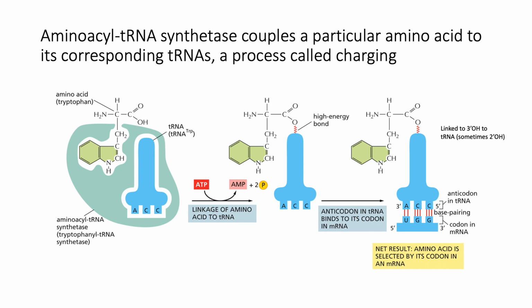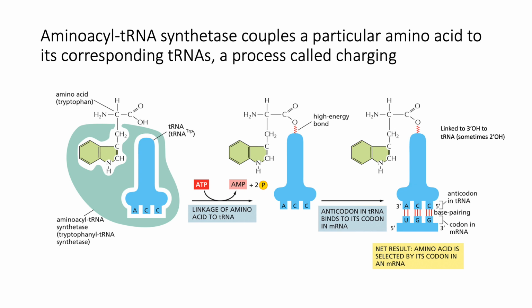Now, this is actually a remarkable enzyme because it has to choose the correct amino acid and the correct transfer RNA. And the thought is that it completely engulfs the transfer RNA, and it's recognizing, maybe even contacting the anticodon, which then permits it to bring in the correct amino acid.